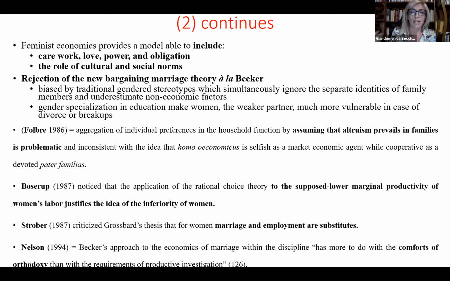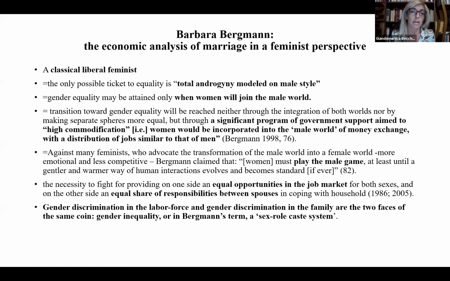Strober criticized Grossbard's idea that marriage and employment are substitutes, and Julie Nelson, of course, spent most of her time criticizing Becker's approach to economics, considering it as much more to do with the comforts of the orthodoxy rather than with real research on marriage. And then Barbara Bergmann.